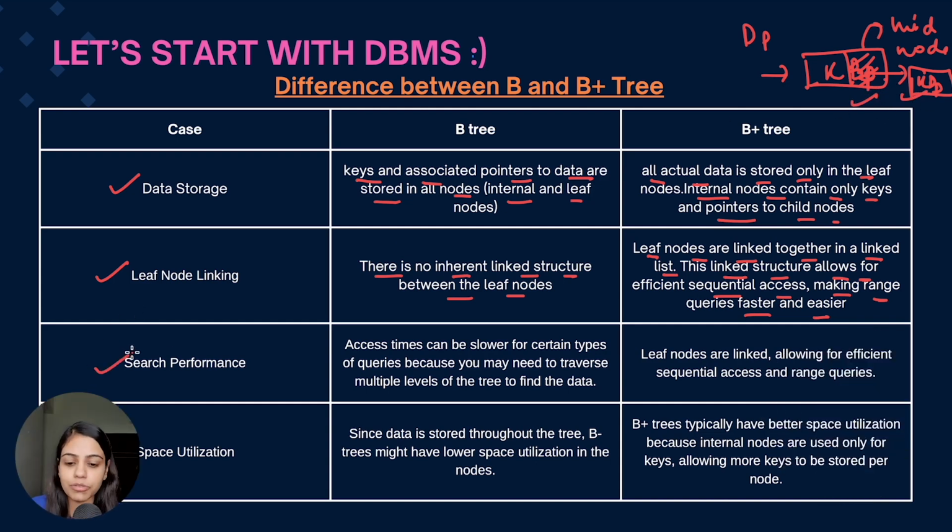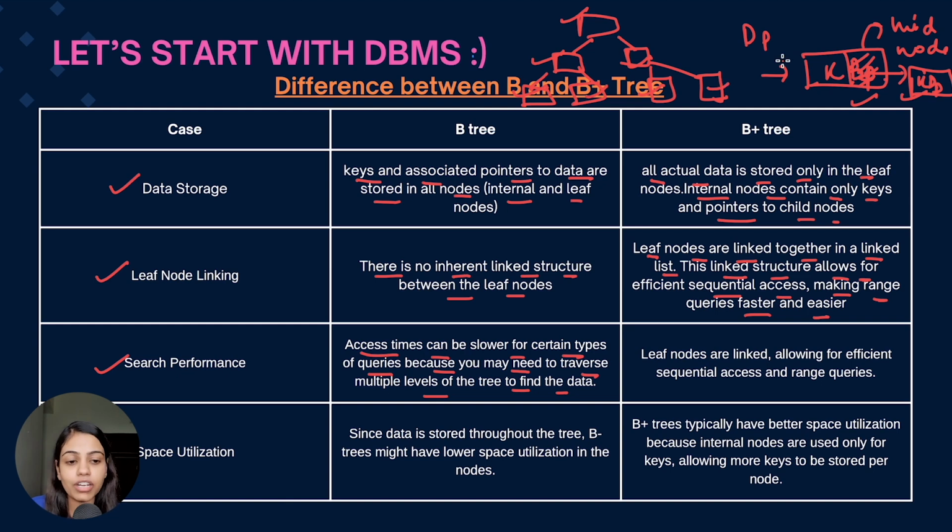Now coming to the search performance. So access time can be slower for certain types of queries because you may need to traverse multiple levels of trees to find the data. So in B tree, what happens, consider if this is a B tree which has some internal and some child nodes. Here, if I want to search for data, there might be a possibility that I need to traverse the entire data set present in this particular tree.